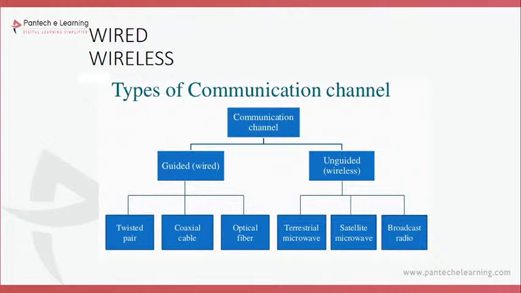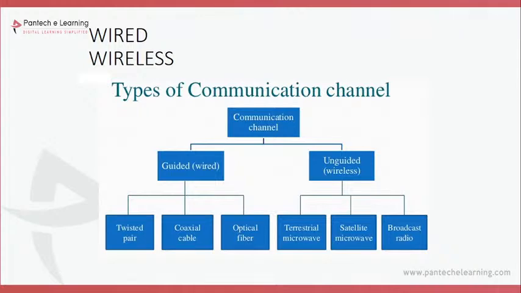The setup and installation of infrastructure for a wired communication system is an expensive and time-consuming job. The infrastructure for wireless communication can be installed easily and at low cost. This is the main difference between why people move from wired communication to wireless communication.